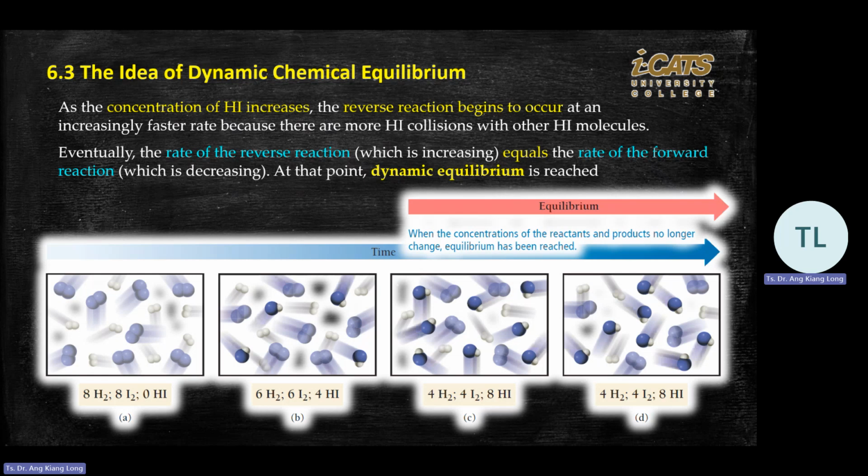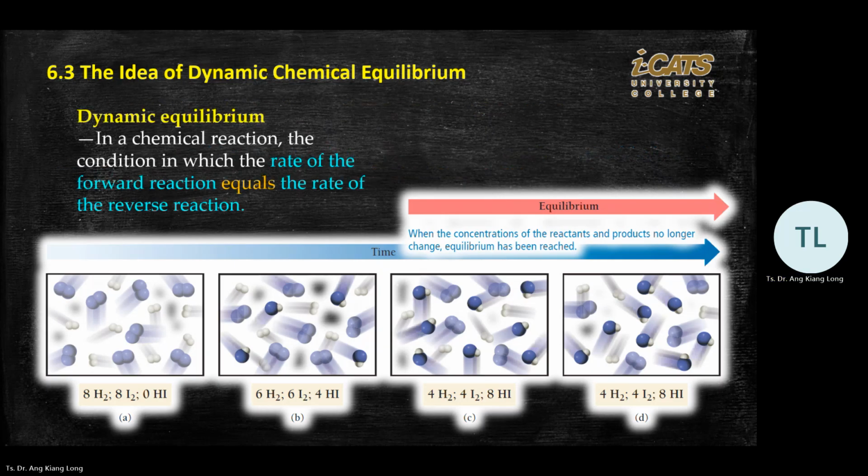When concentration of reactant and product no longer change, equilibrium is reached. So reactant is important, concentration is important in reaction. Sometimes the question asks you about this one, right?